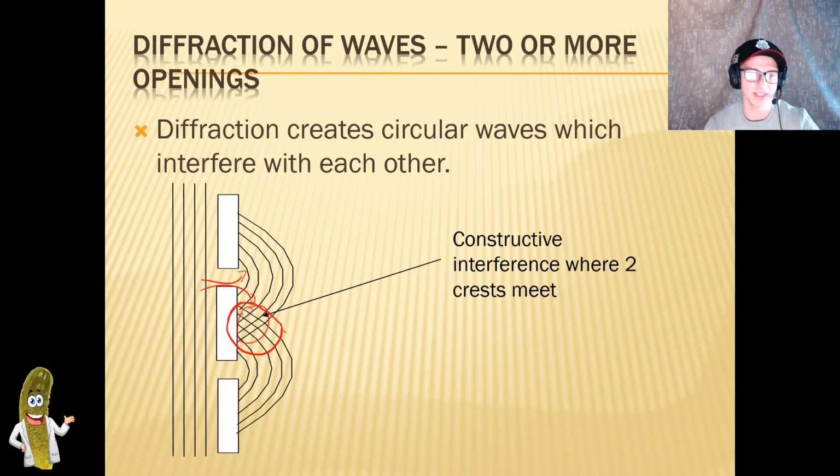So if it was sound traveling, this area would be the loudest area, where you would be able to sit and hear most clearly. Or if it was light traveling, let's say light traveling through your blinds, there is an area right in between a blind where the light is going to be diffracting and concentrating because there are two different light rays meeting each other, causing constructive interference, and it'll be brighter at that one point.